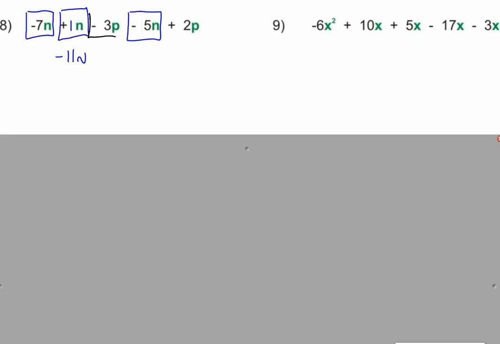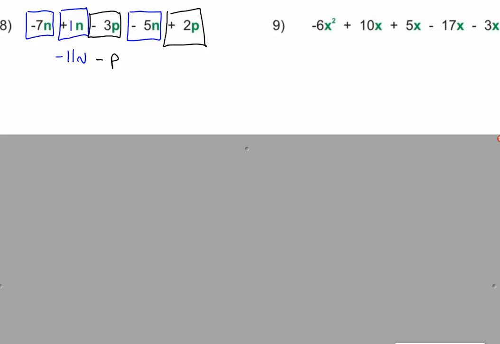A -3 of the p's and +2 of them leaves me a -1 of them. And if I really want to show that best, I won't write the 1, right? Because do we write 1s in front of letters? We don't, if we really want an excellent answer. But if you got -11n minus 1p, good, you're understanding, right? How many at least got that, -11n minus 1p, okay?